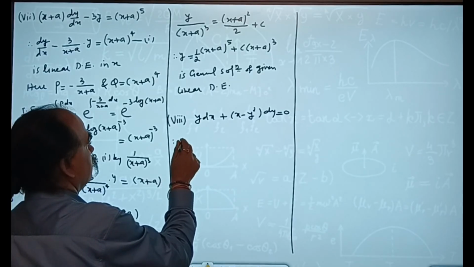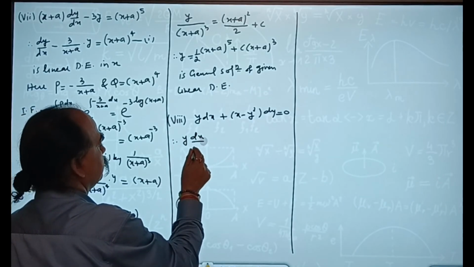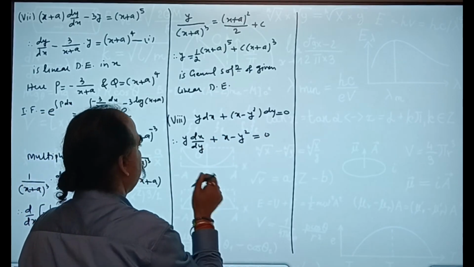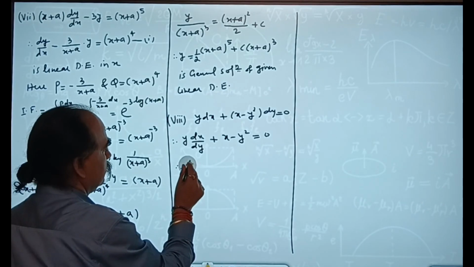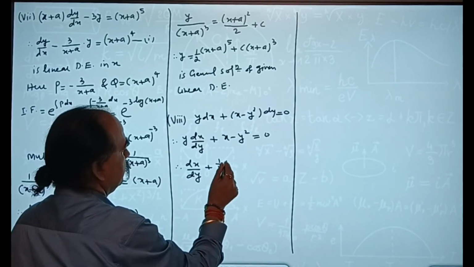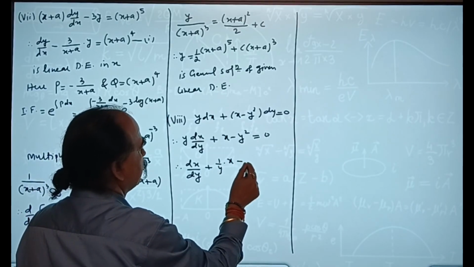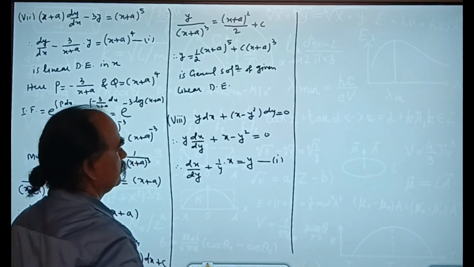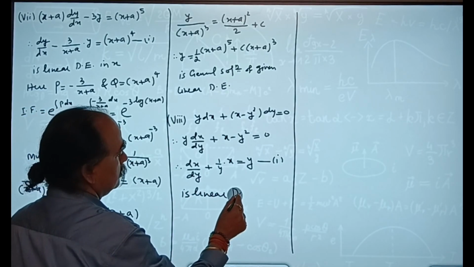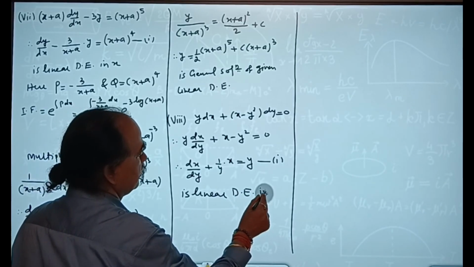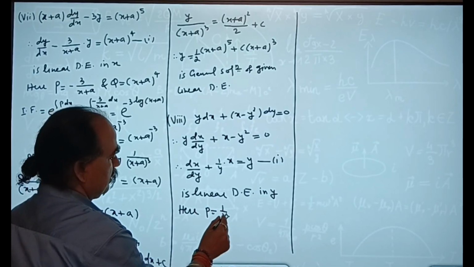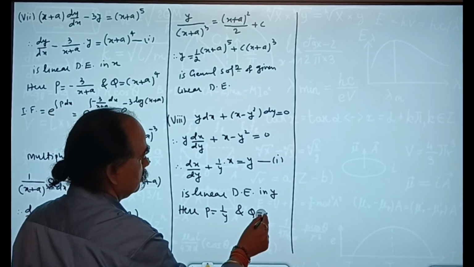Therefore, y dx by dy plus x minus y square is equal to 0. Divide by y. So dx by dy plus 1 upon y into x equals y, transferring y square to that side. This is a linear differential equation in y. Here p is 1 upon y and q is y.